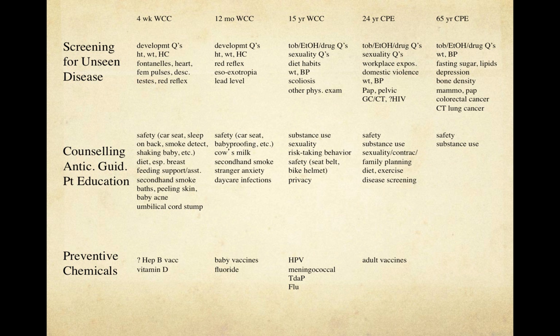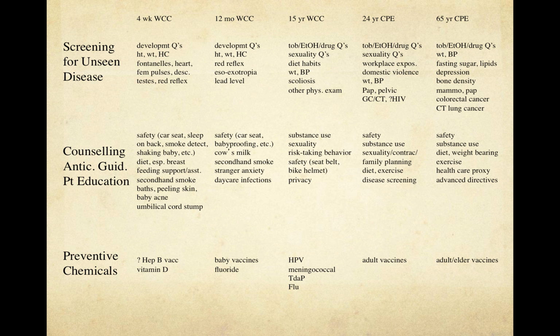We're counseling on safety, we're counseling on substance use, we're counseling on diet and weight-bearing exercise, especially for the ladies who have such awful troubles with osteoporosis when they reach their 80s. We're going to counsel on healthcare proxy and advanced directives, right? We're probably not doing that for the 15-year-old, but we are for the 65-year-old. Completely different kind of topic, but it goes in the same agenda item of health counseling and anticipatory guidance.